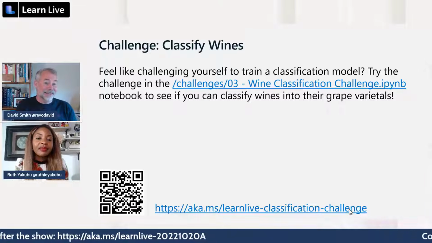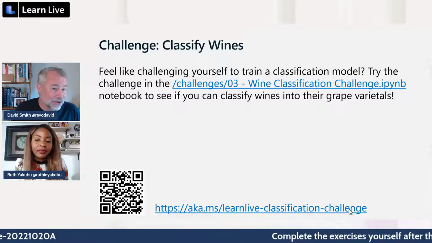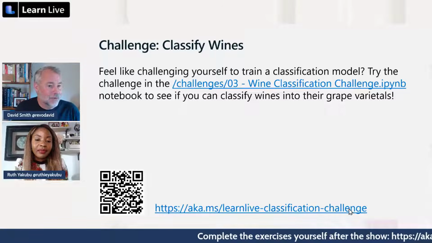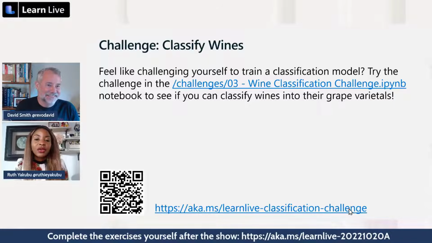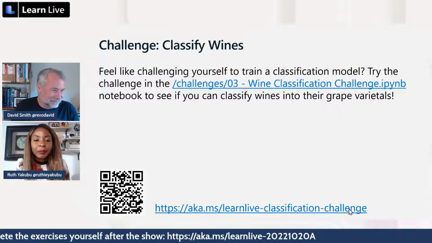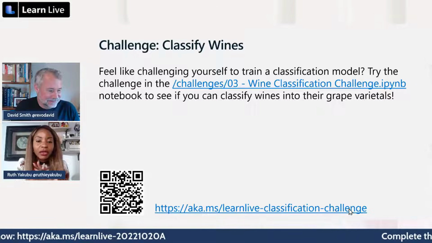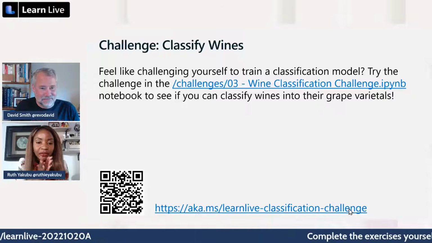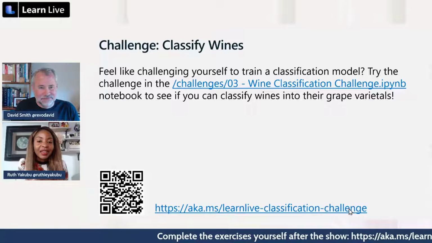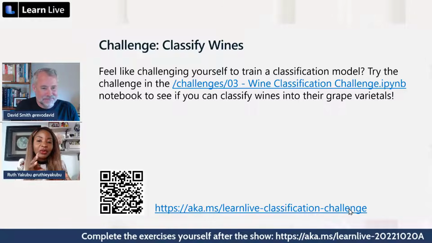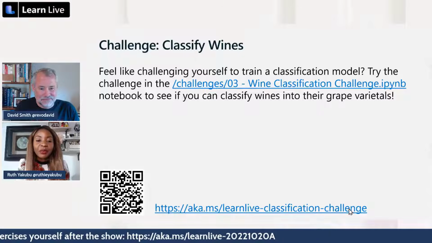And if you want a bit more of a challenge, if you think you've learned what it's all about, we prepared a whole new data set for you about wine. You've looked at this data set. Ruth, tell us a little bit about it. So I love this. After taking this module, I wanted to apply it to a real-life situation. It's looking at the different grape types, so you look at the grape types and you're able to classify the type of wine it is.